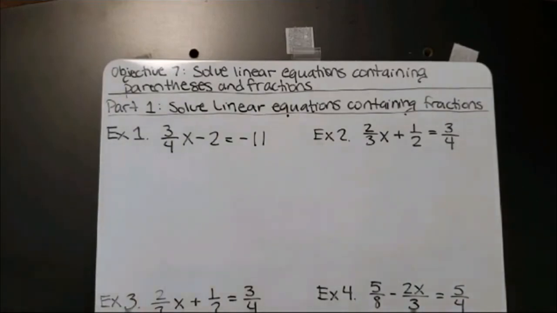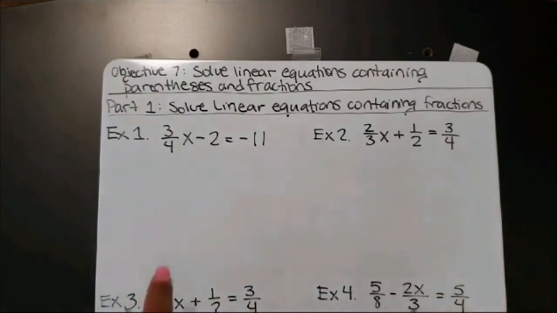So for example 1, we have 3 over 4x minus 2 equals negative 11. So we're just going to jump right in and solve it the way that we have been solving the problems.